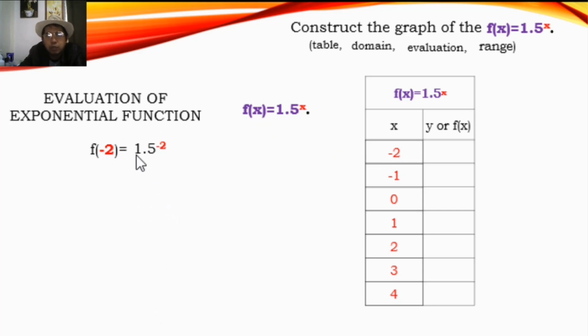It will give me 1.5 raised to negative 2, and the result is 0.44. I will allow you first to prepare your calculator so that you can follow this computation immediately. I'll give you 10 seconds.